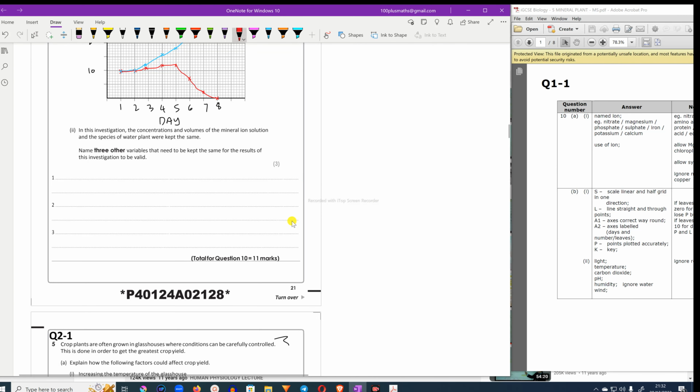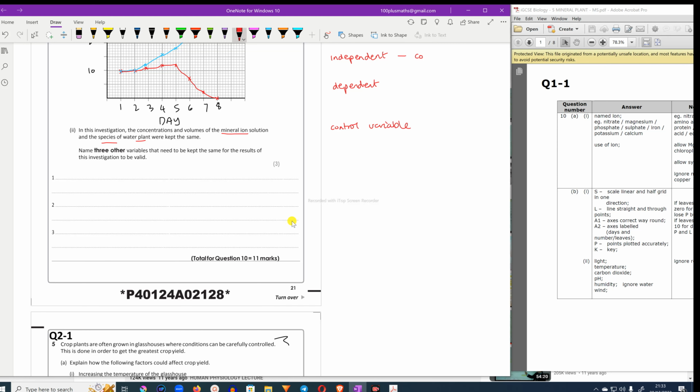Right. In this investigation, concentration and volumes of the mineral ions and the species of plant were kept the same. These are called control. Remember what the three variables are: independent variable, dependent variable, and control variable. Independent is the one that you're changing.